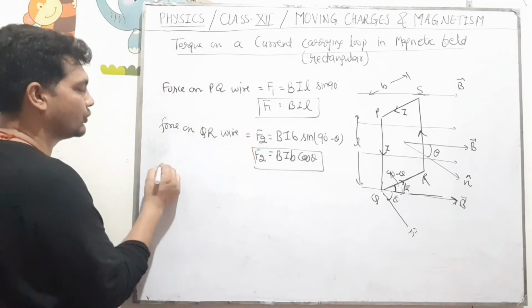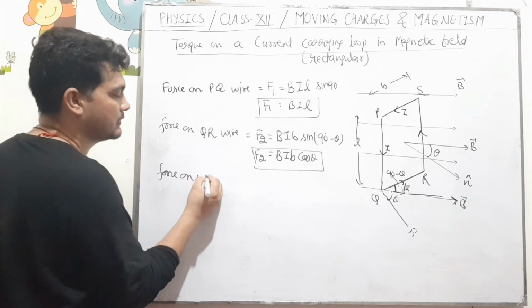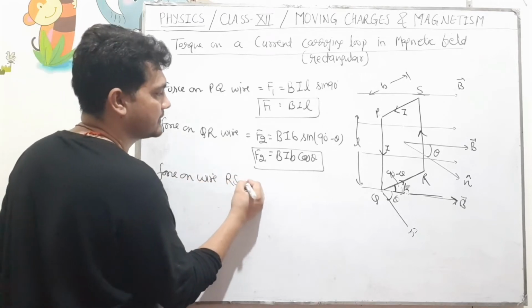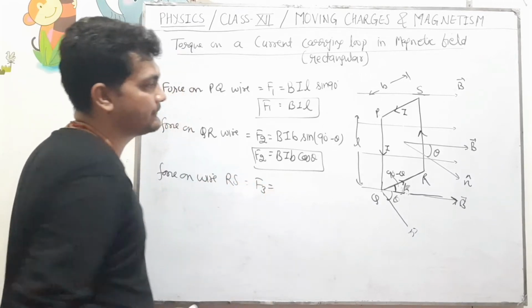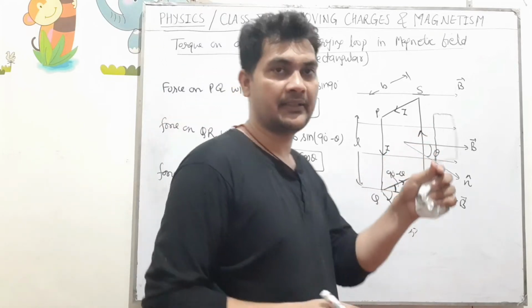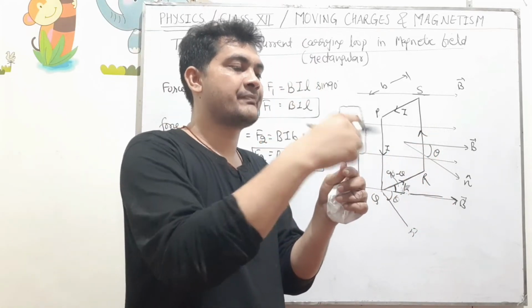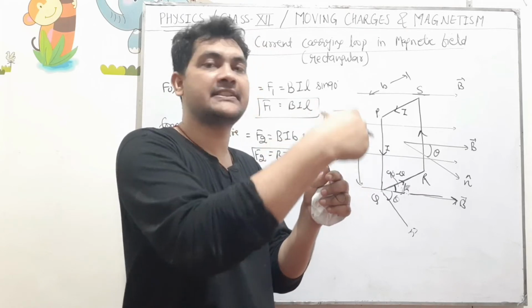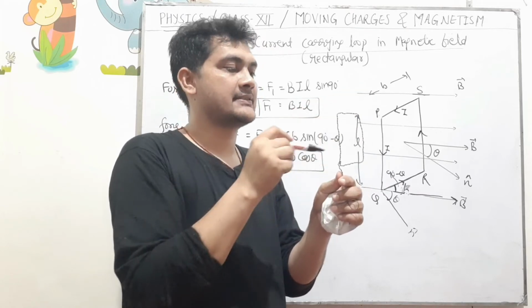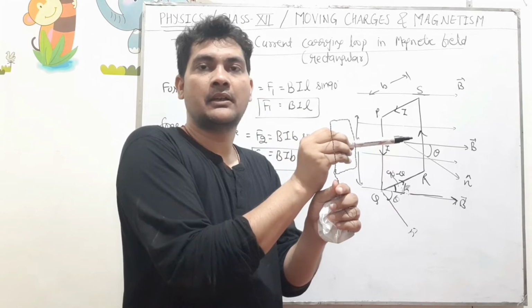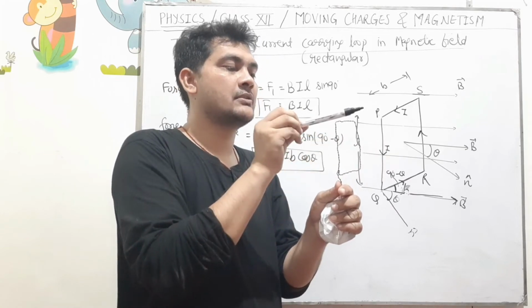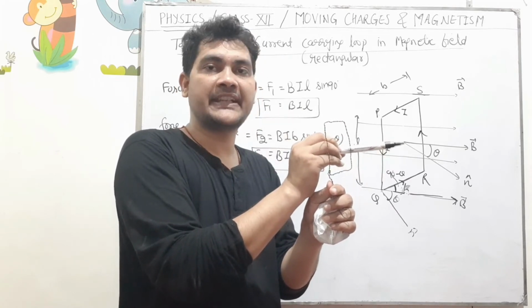Now let us see the force on wire RS. What is the force on the RS wire? This is PQR, now this is RS, and this is the magnetic field. Current is in the upward direction, magnetic field is in the rightward direction, and the angle is 90 degrees.